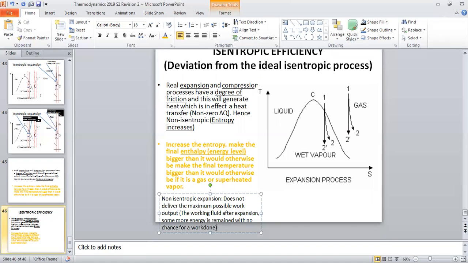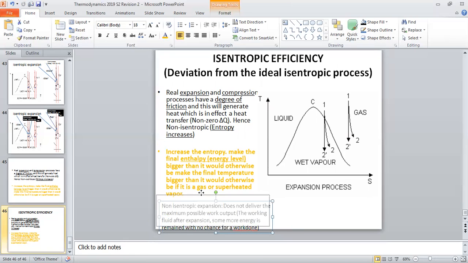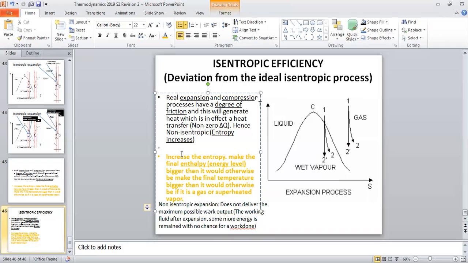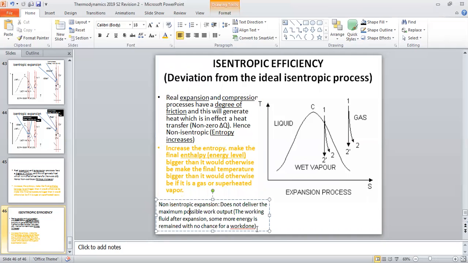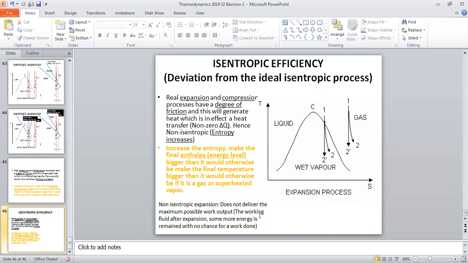So more energy remains with this working fluid with no chance for work done.